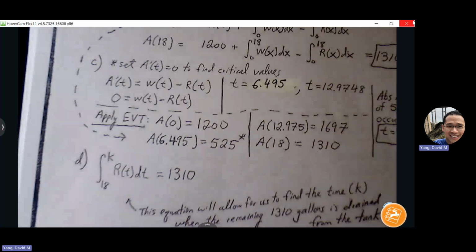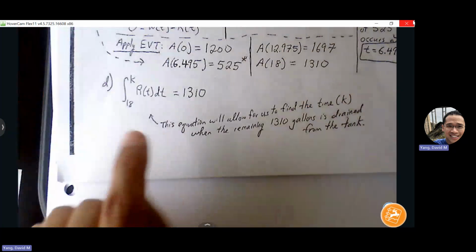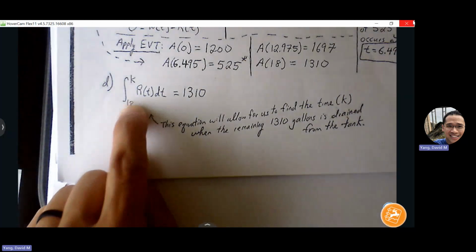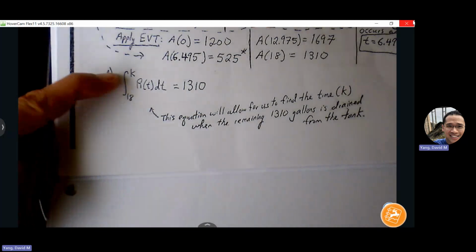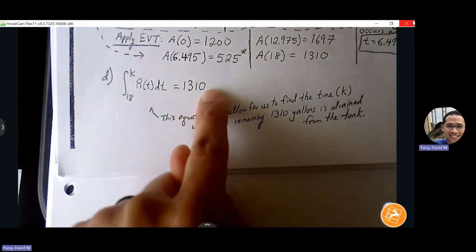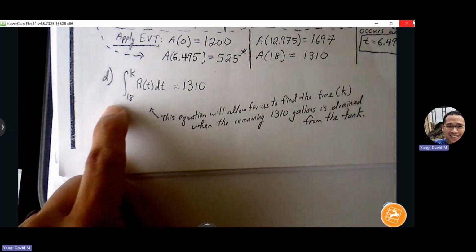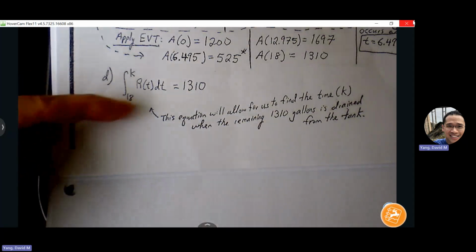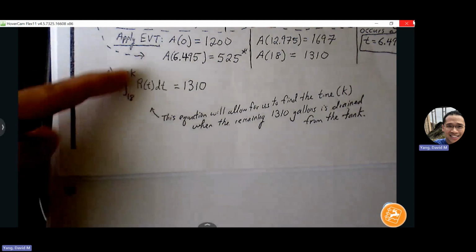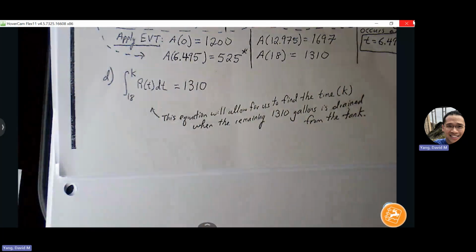We can rely on the integral of R of T and say that from 18 to K, however long it takes, this equals 1310. We need to drain from 18 hours until this reaches 1310, because once we do that, all the water in the tank will be removed, since we have 1310 gallons to remove from 18 hours on.